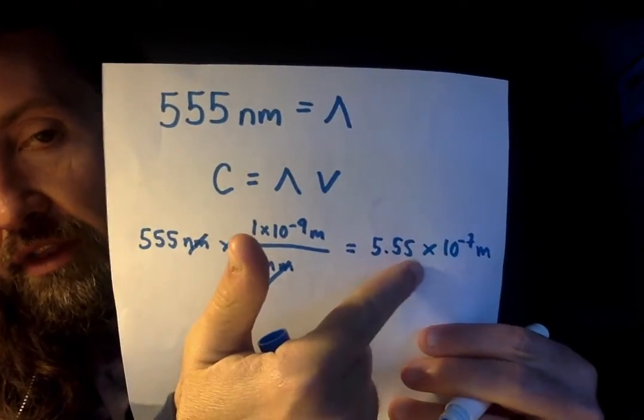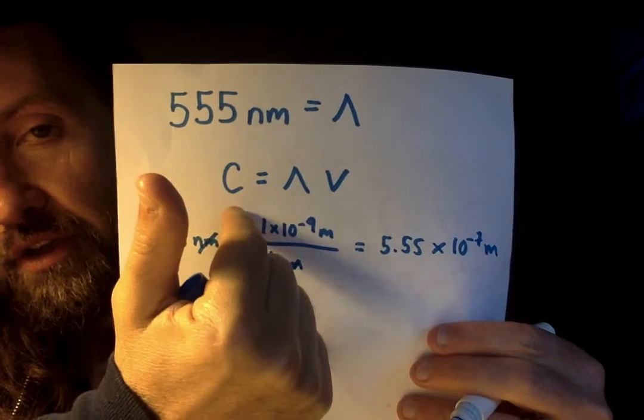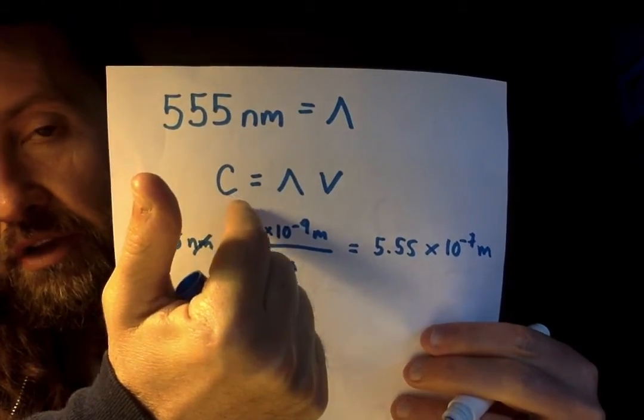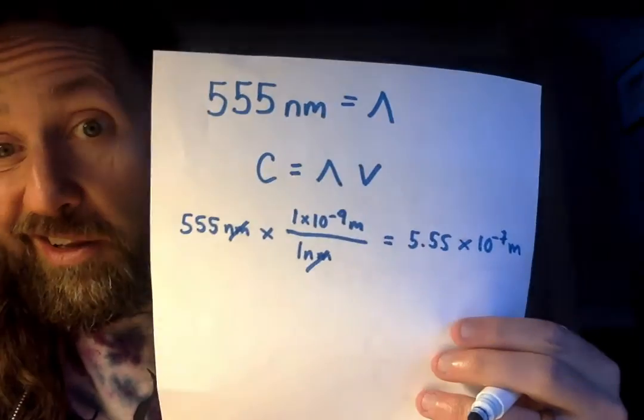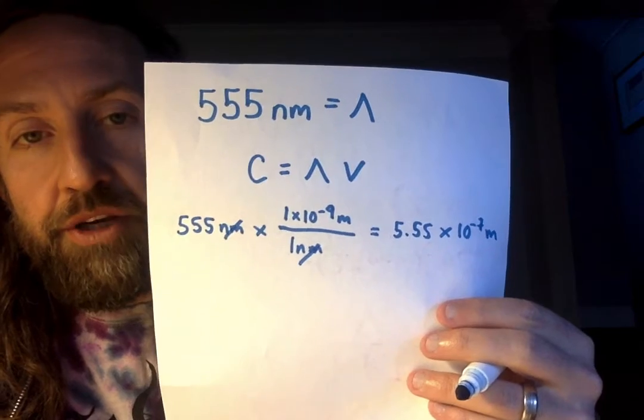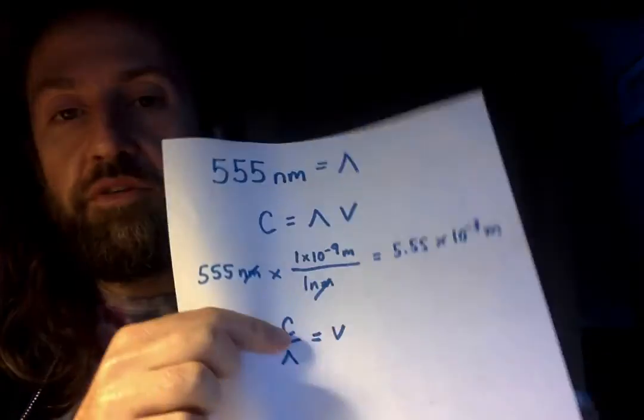Okay, so now I've got a wavelength that I can use, because it's in meters, and my speed of electromagnetic radiation, speed of light, is in meters as well. So next I'm going to rearrange that equation: C divided by the wavelength gives me the frequency.